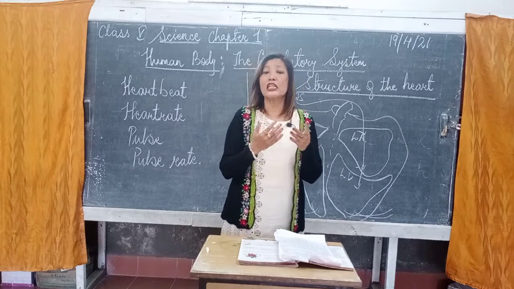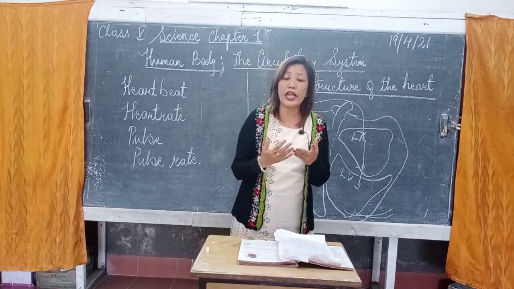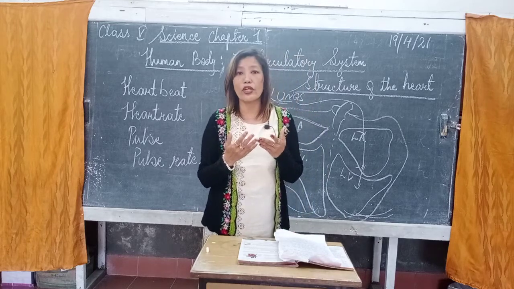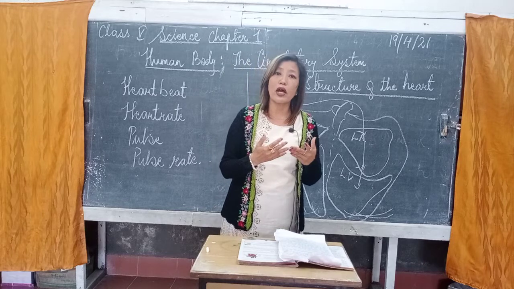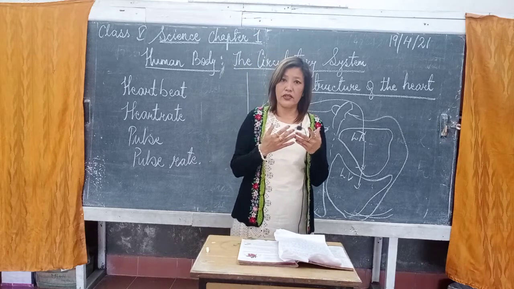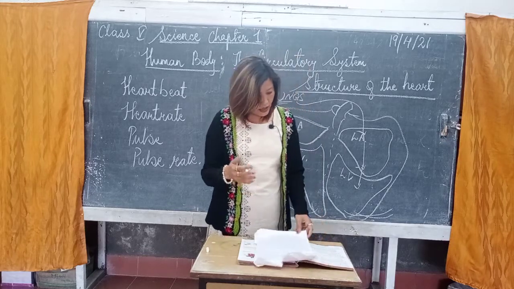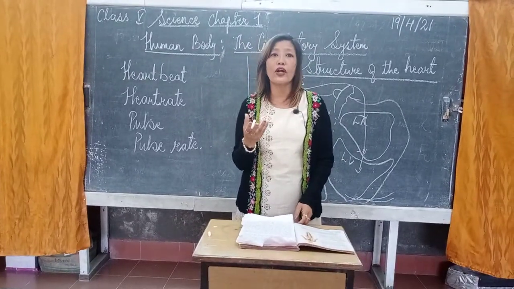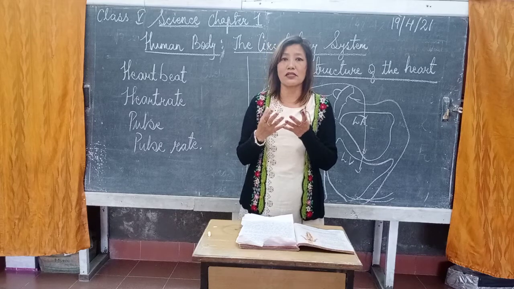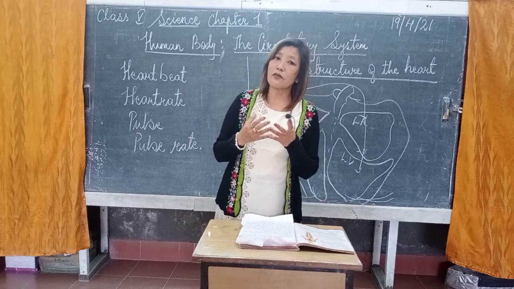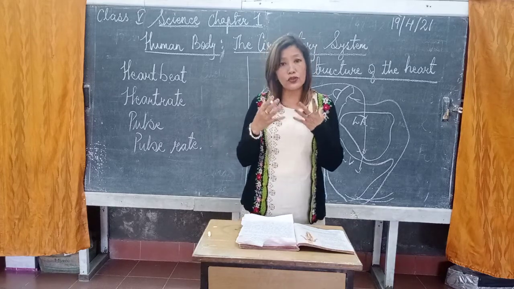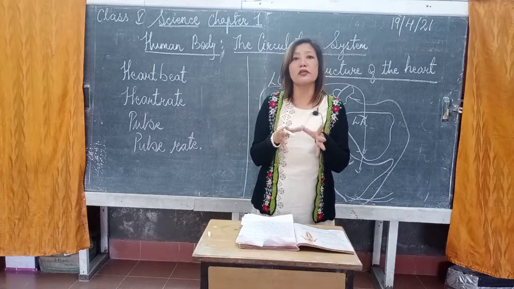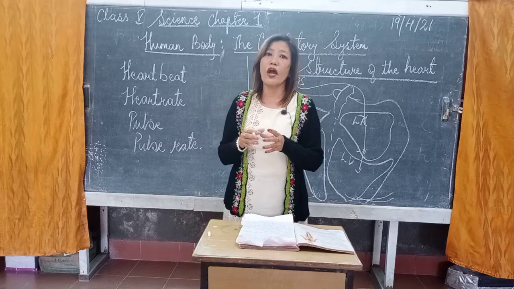The blood carries nutrients and oxygen to each and every part of our body. And the heart is the pumping organ, made up of cardiac muscles, and it pumps the blood to different parts of our body.